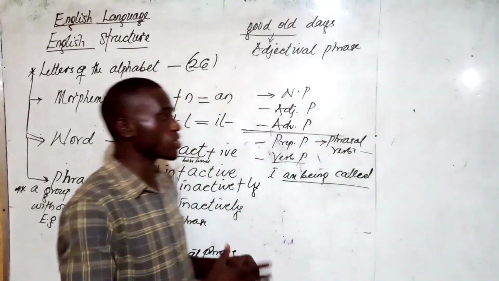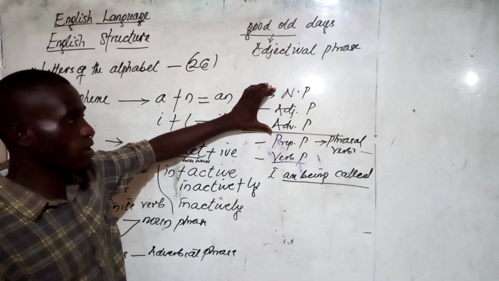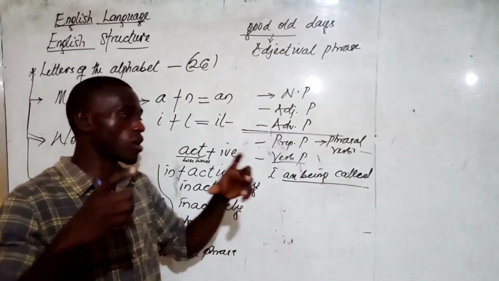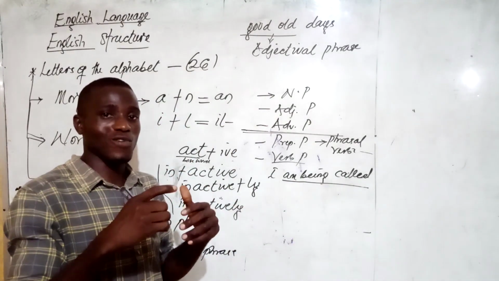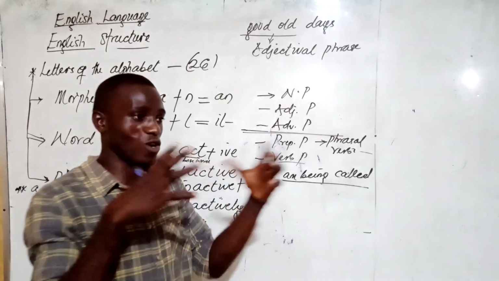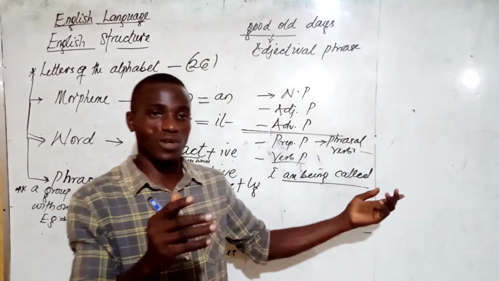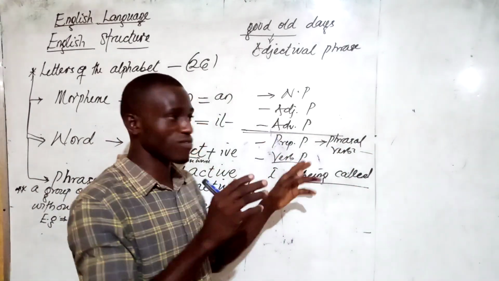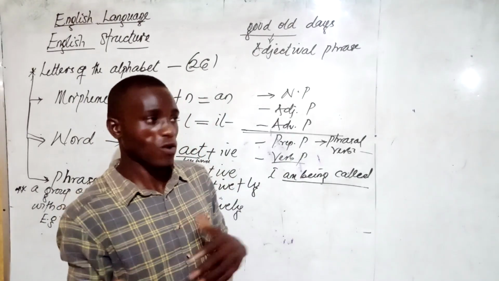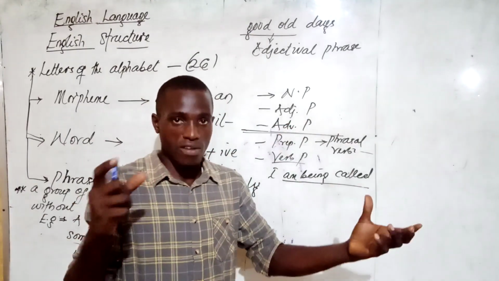But we don't necessarily classify them as one of the phrases here, because on their own they are all verbs together. They are simply a cluster of verbs, and all of these are just verbs. So it doesn't make sense to now classify a verb phrase as a kind of phrase. But of course, there is what we call a verb phrase, simply a cluster of verbs.